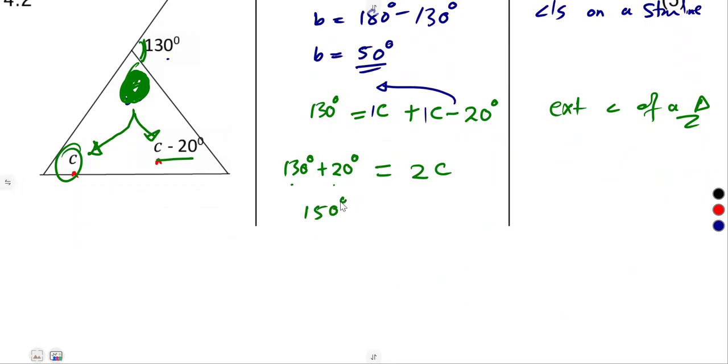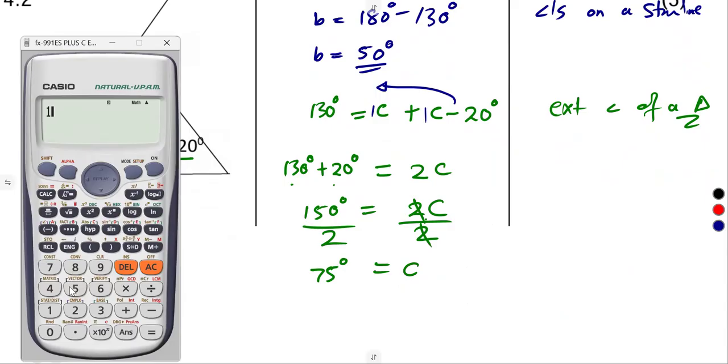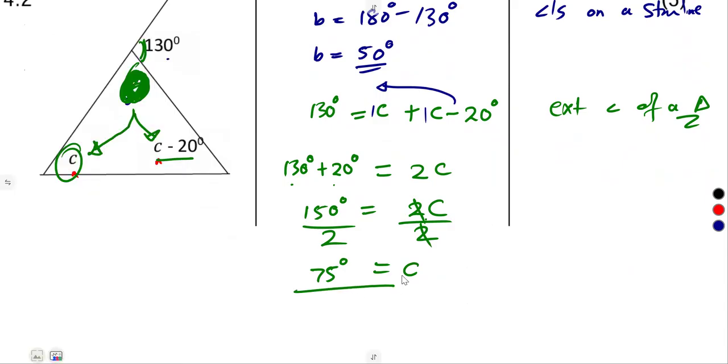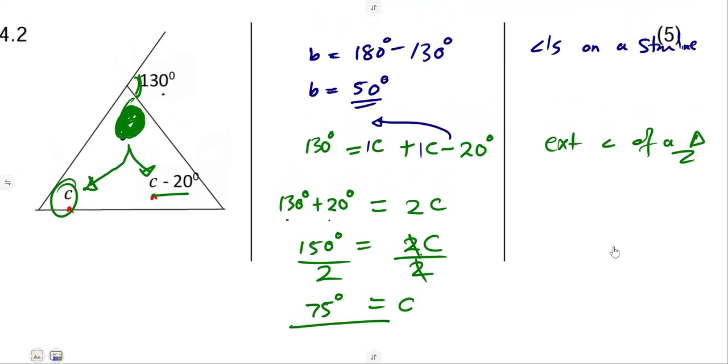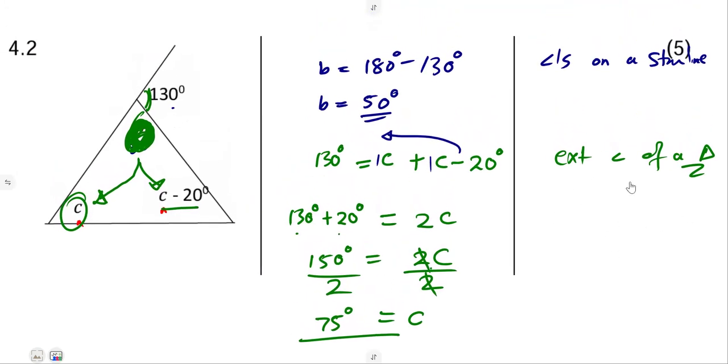So 150 degrees is equal to 2C. Divide by 2 to get rid of that 2 and remain with C. So 150 divided by 2 is 75. You can even use your calculator there. So C is 75 degrees. That is how you could have calculated this from the concept of the exterior angle of a triangle.